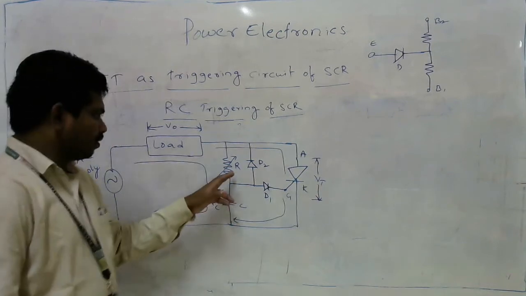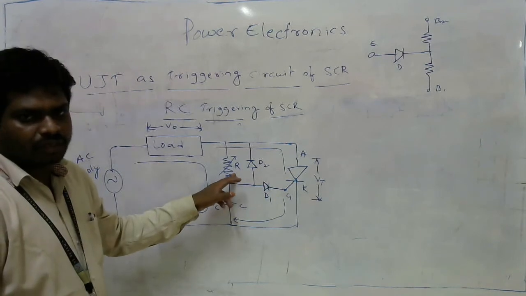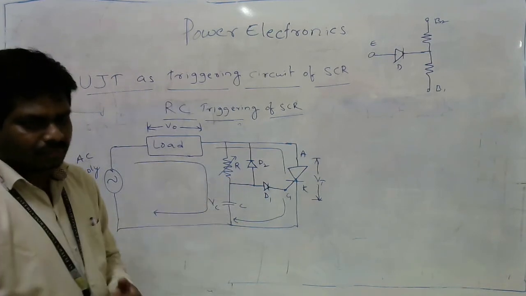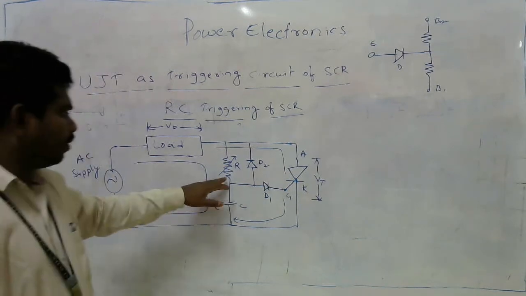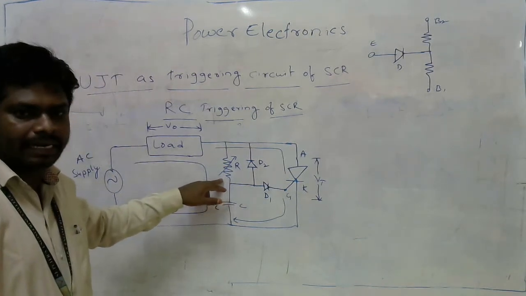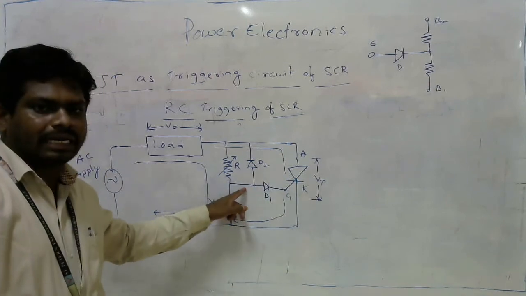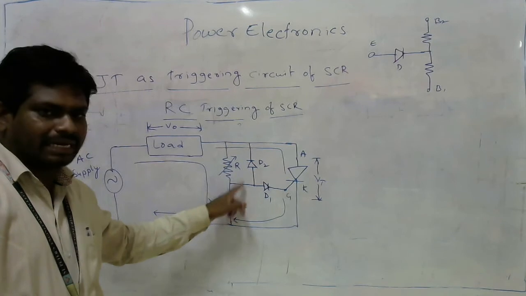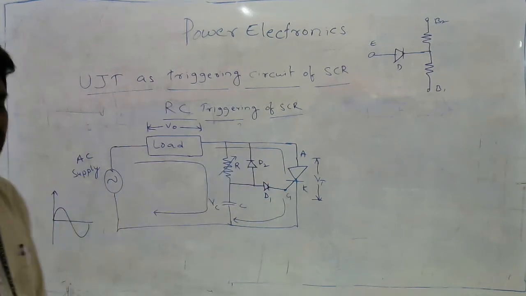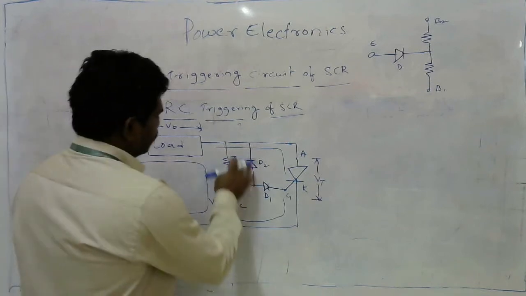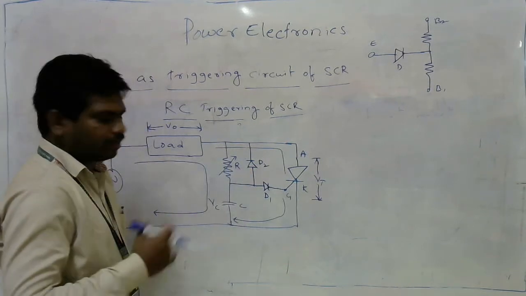See this. What is the purpose of using this potentiometer? We already discussed the functioning of the potentiometer: it provides different firing angles to the SCR by providing different gate currents. Based on the gate current value, the firing angle changes. So the potentiometer is used to provide variable firing angles.